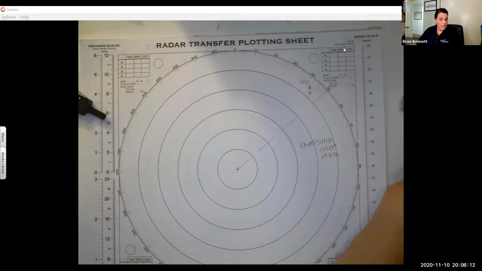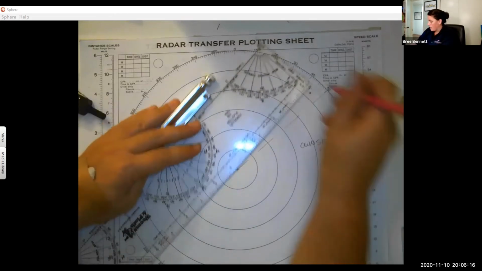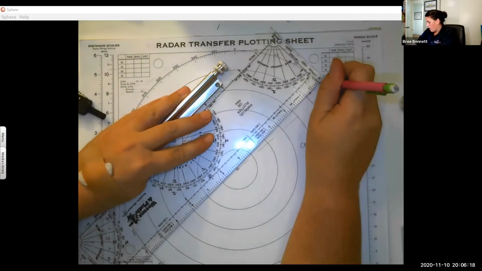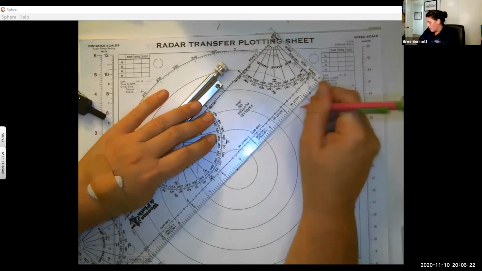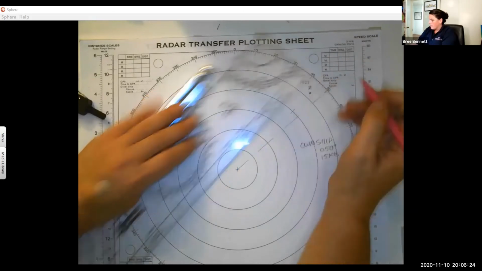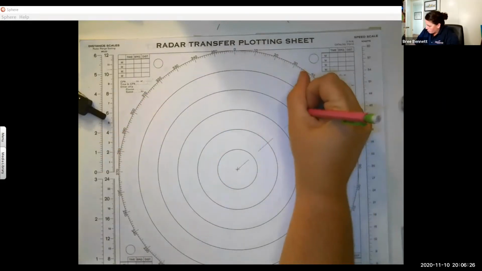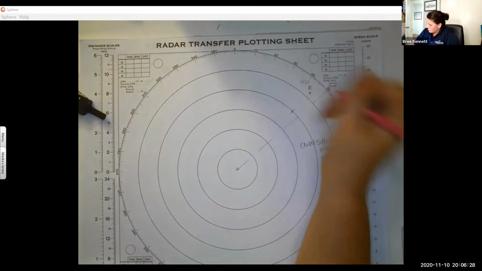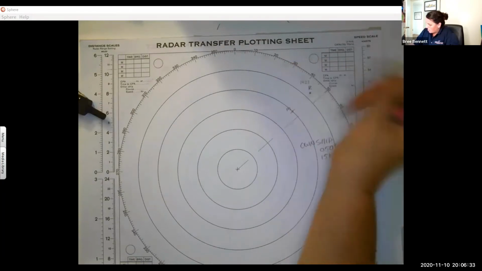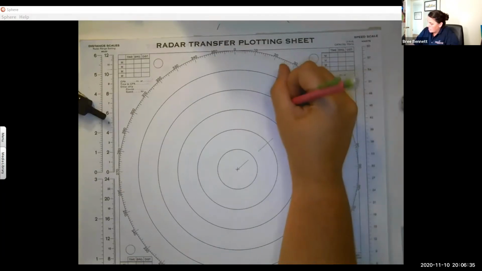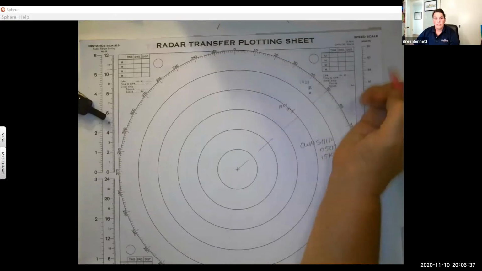6 minutes later, in 1933, we see it again, bearing the same 045 at 8 nautical miles. So this is M, and that was at 1933.